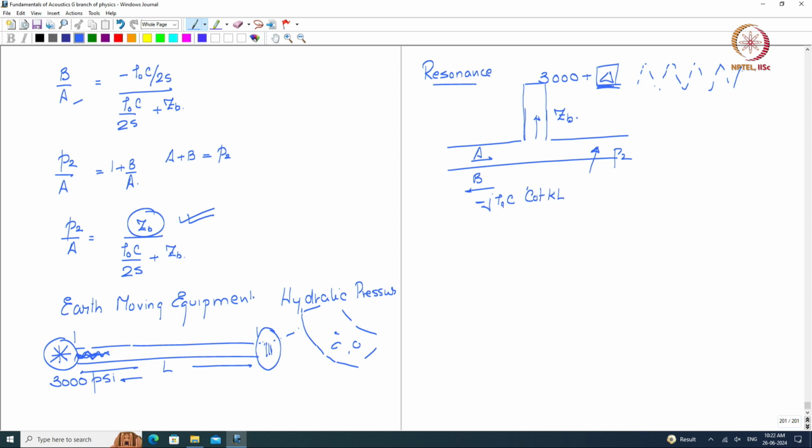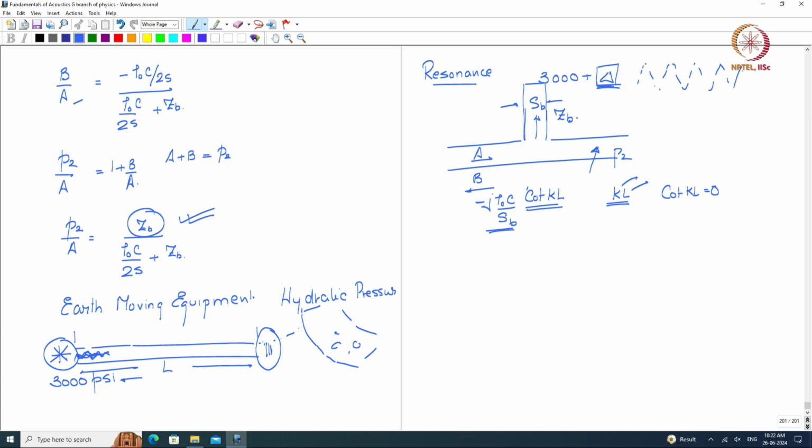Now with this being another cross section, whatever it is, it will be SB. So this part is less important. Now I can choose my KL, that is frequency, speed of sound and the length, such that cot KL goes to 0.